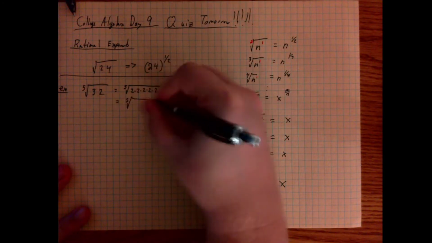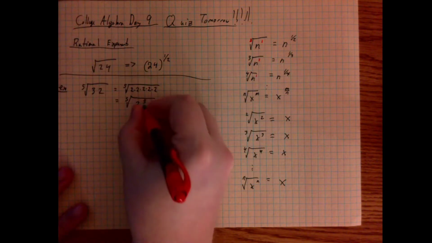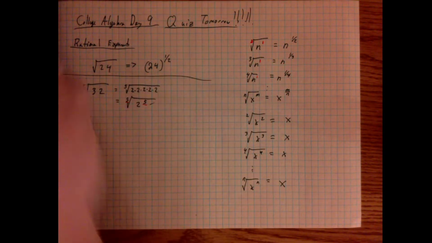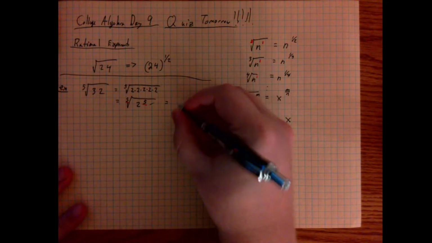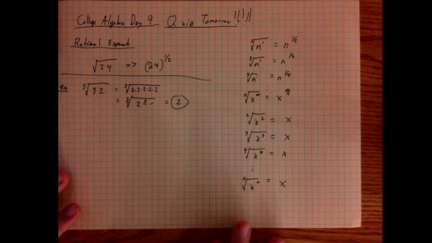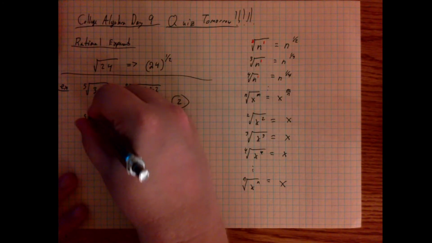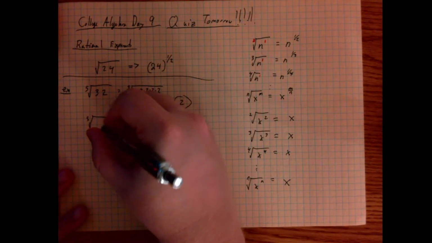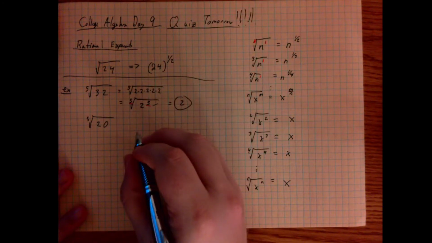So we have the 5th root of 2 to the 5th power. Since the root and the power match, they end up canceling, meaning the 5th root of 32 is, of course, 2.